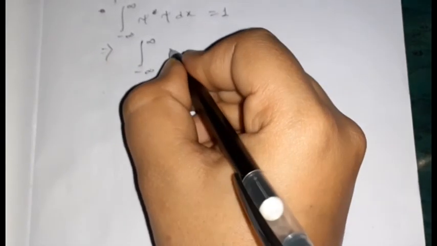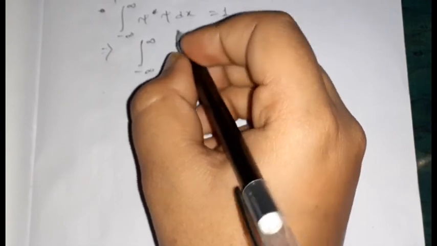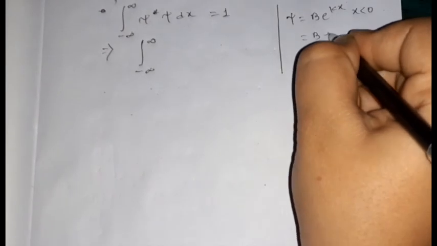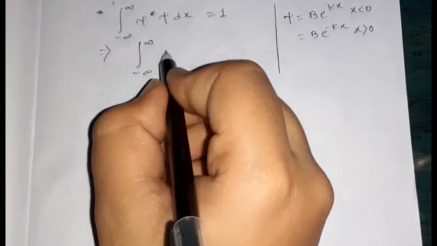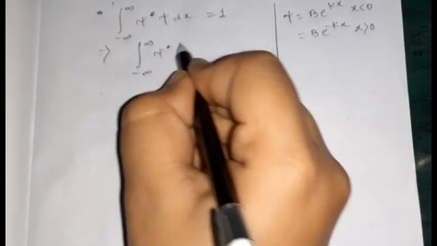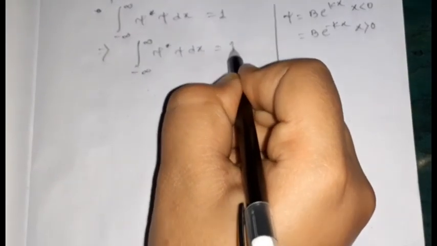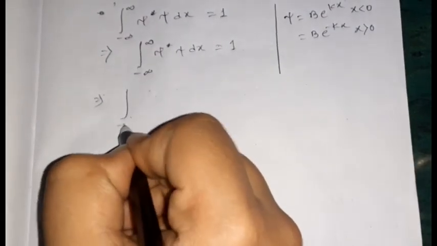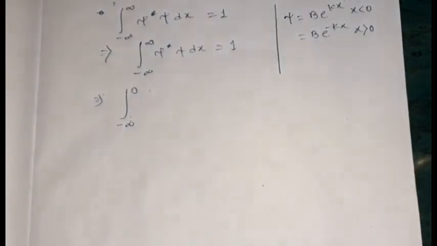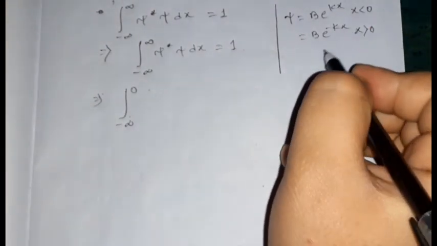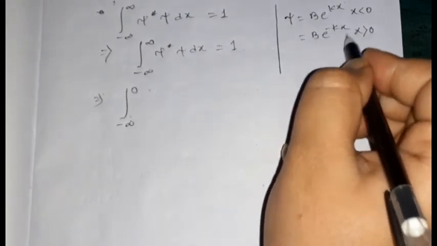Our wave function was b e^(kx) for x less than 0 and b e^(-kx) for x greater than 0. To use this, we have to break the limit from minus infinity to 0, for which this will be the desired wave function, and then from 0 to infinity we will use this.